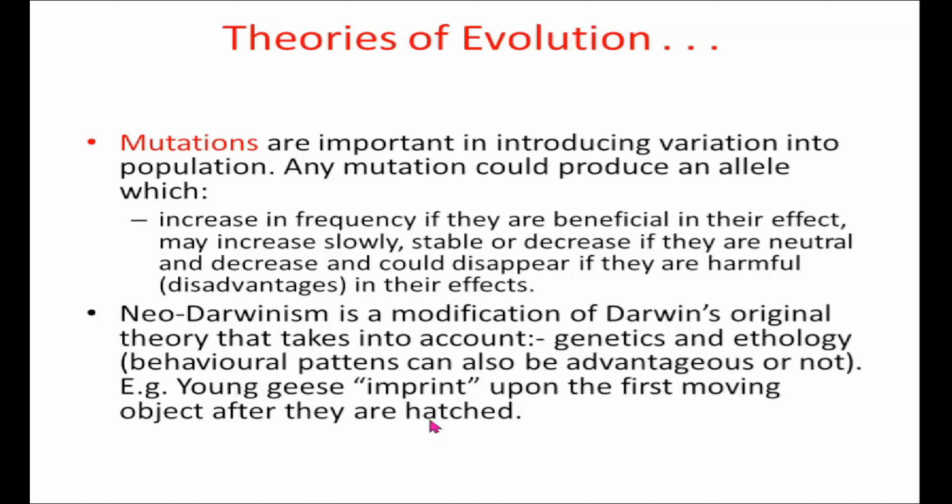Any mutation could produce an allele which increases in frequency if it is beneficial or advantageous in its effect, may stay stable or change slowly if it is neutral, and decreases and could disappear if it is harmful or disadvantageous in its effects. So that is the combination of different alleles, advantageous and disadvantageous.